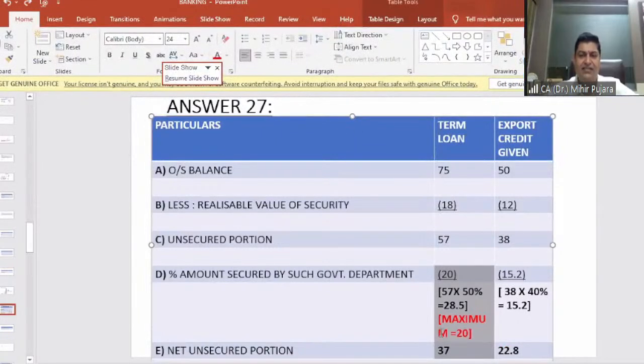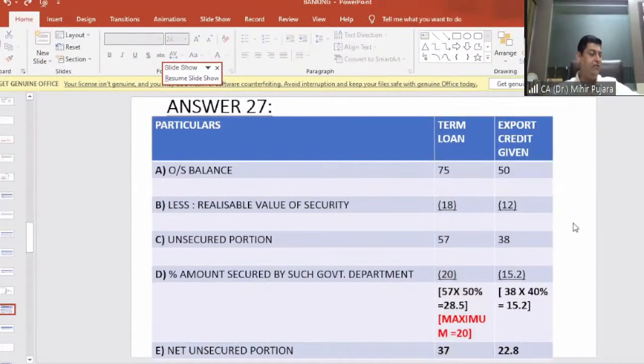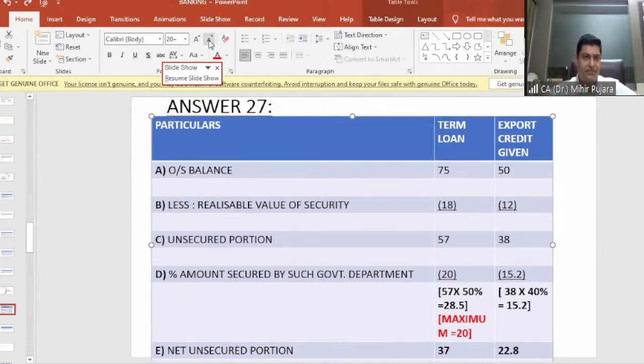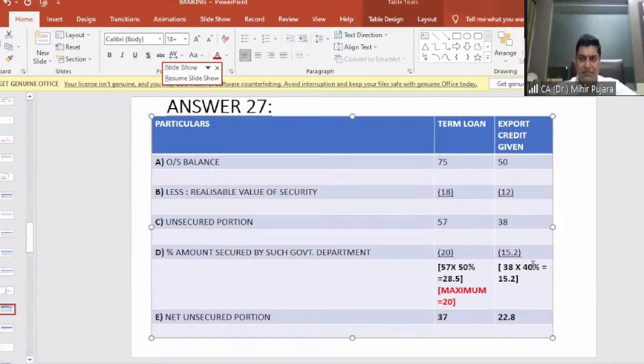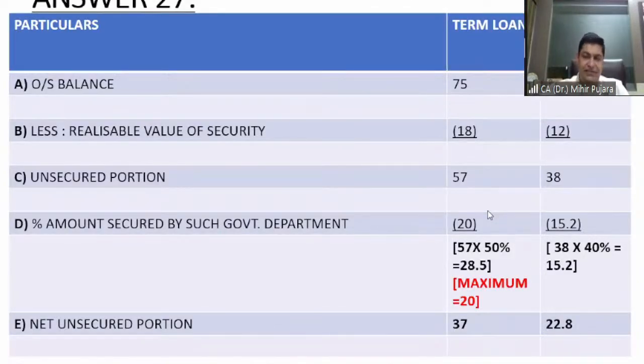So net unsecured is 37 and 22.8, guys. Many students got it absolutely correct.